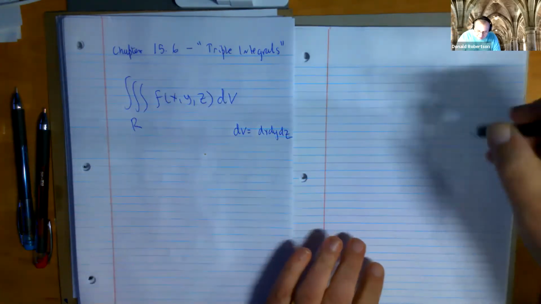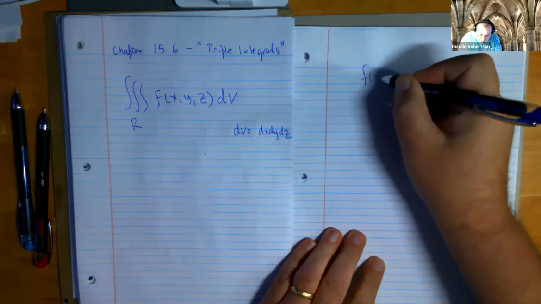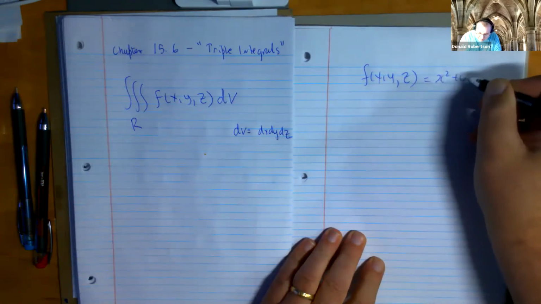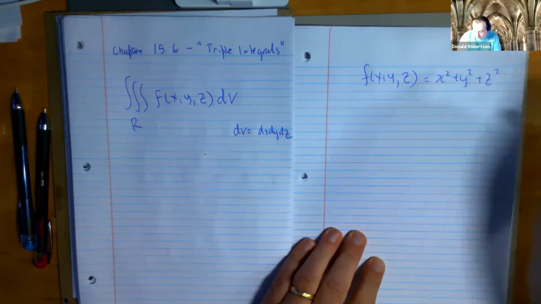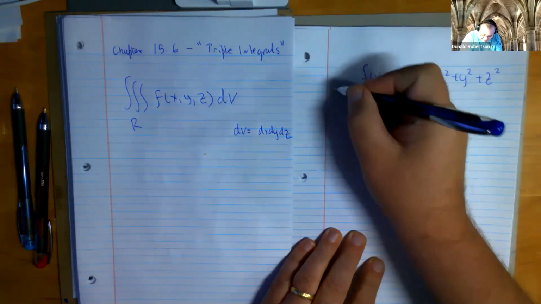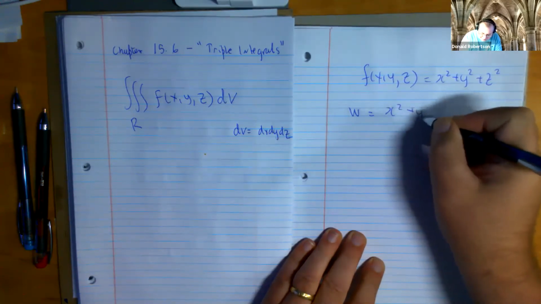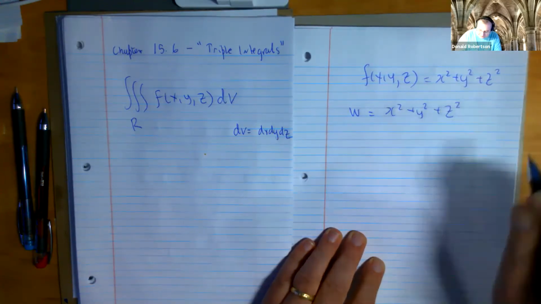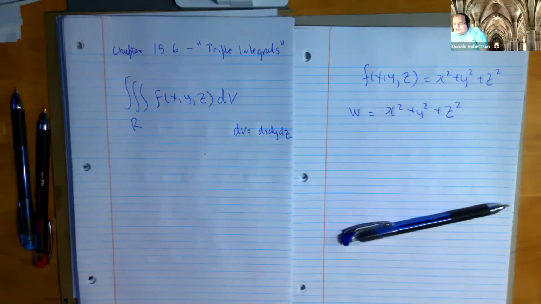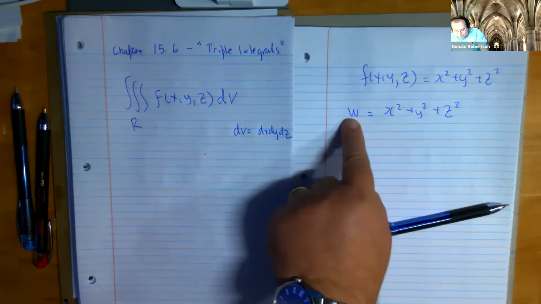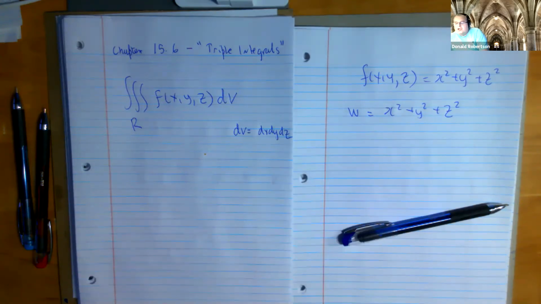And the reason is that if you call f of x, y, z equal to x squared plus y squared plus z squared, as an example, technically speaking, you could write it like this, which is a 4-dimensional world. 3 independent variables plus 1 dependent variable. Good luck sketching a 4th dimensional surface, right?